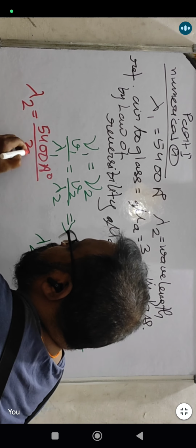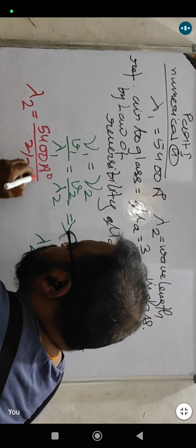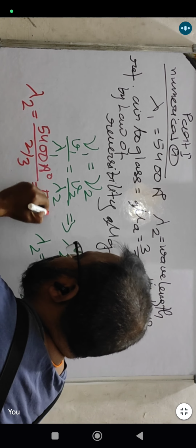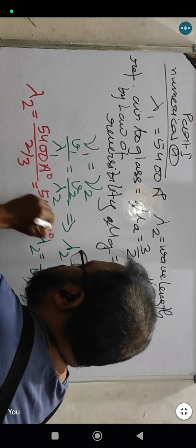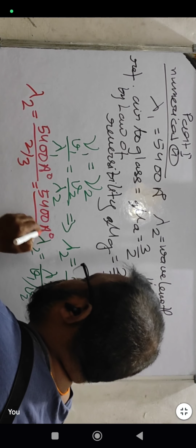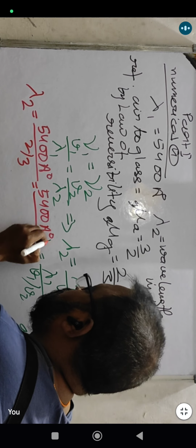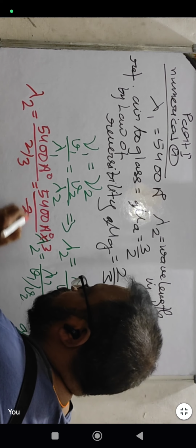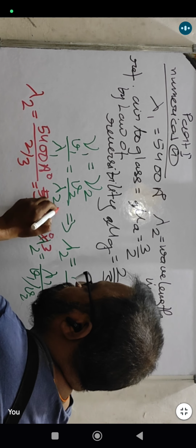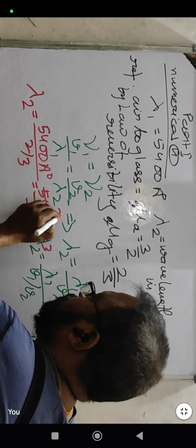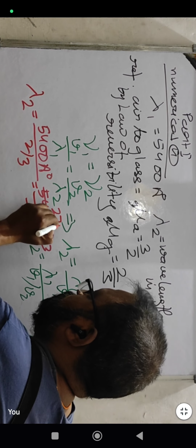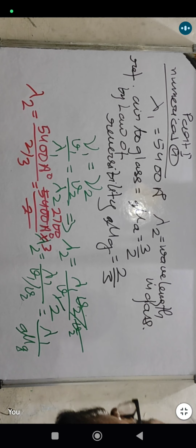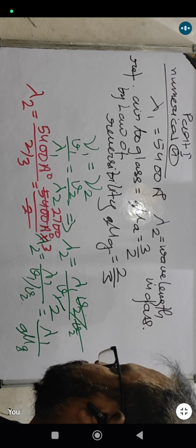It gets reciprocal and becomes 5400 angstrom into 3 divided by 2. So when you multiply this, it is coming something wrong.